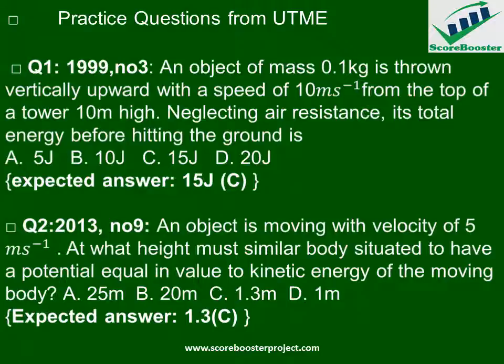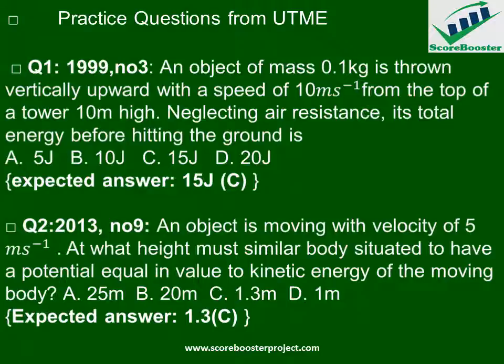Then the second question we are presenting for your own practice comes from 2013, number 9, and the question goes thus: an object is moving with a velocity of 5 meters per second. At what height must the object be situated to have a potential energy equal in value to the kinetic energy of the moving body?